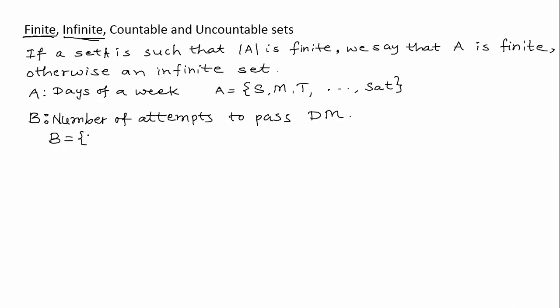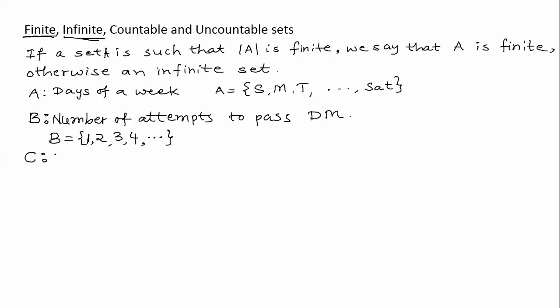You will be passing in the first attempt, mostly all. Then one possible value of this is 1, only one attempt. If there is some person who fails, goes for another attempt and in the second attempt passes, then this is going to happen. Then 3, 4, we cannot stop somewhere, and theoretically we have to put it like this also. This is the only way.